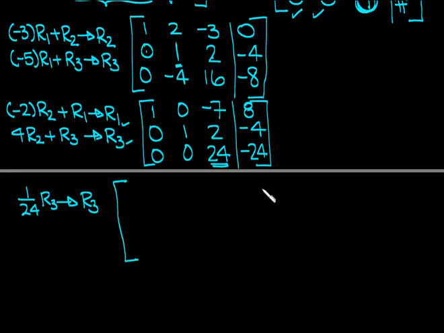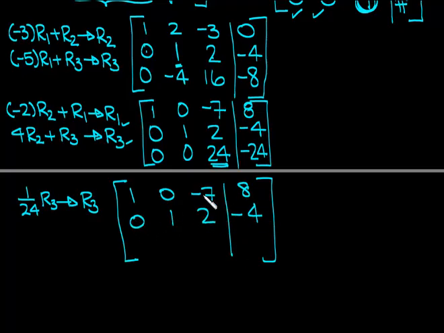So row 1 and row 2 are not changing, so let's copy them down. 0 multiplied by 1 over 24 is 0. 0 multiplied by 1 over 24 is 0. 24 multiplied by 1 over 24, the 24s will cancel, we get 1. -24 multiplied by 1 over 24 is -1.